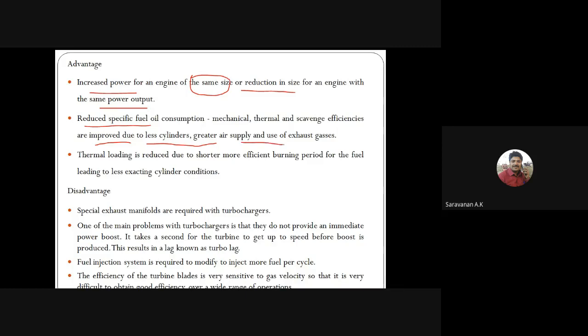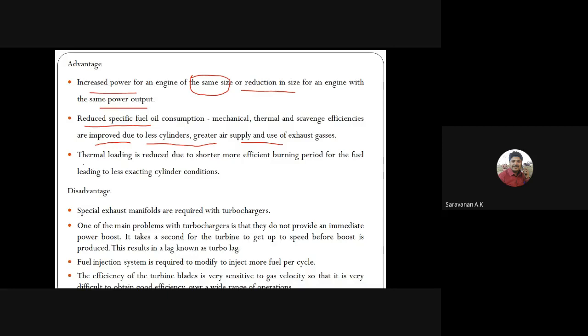We can utilize the exhaust gas to run the turbine. The thermal loading is reduced due to the shorter and more efficient burning period for the fuel, which leads to less expanding in the cylinders.